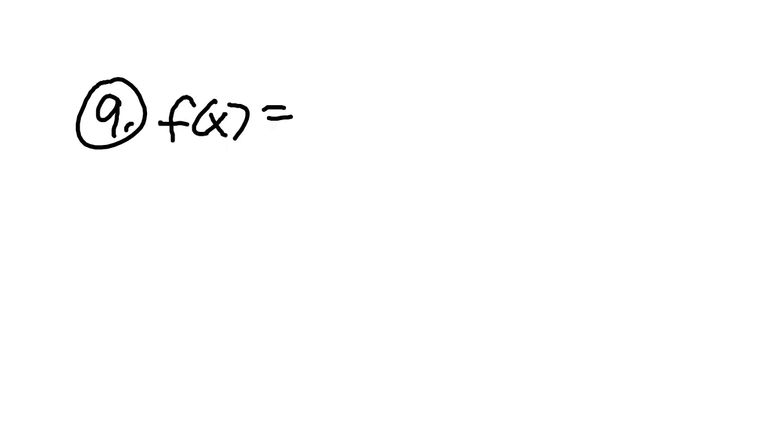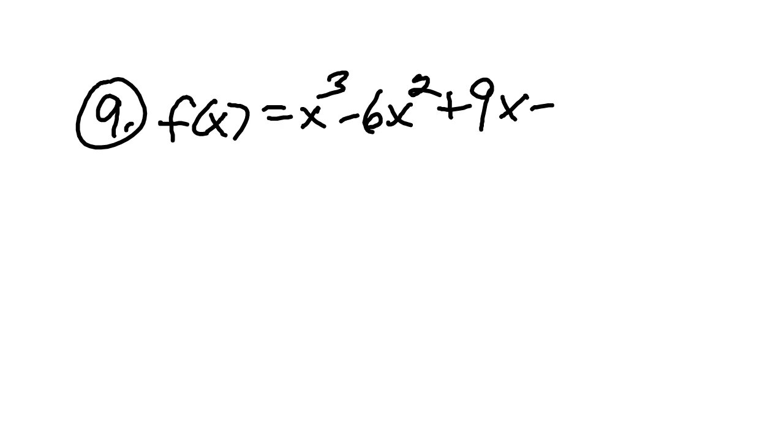Don't think so. So let me just, and I'm not going to do this whole problem, but on number 9, I just want to mention this. If you're going to work this out, it's probably going to take a little time. We've got f of x equals x cubed minus 6x squared plus 9x minus 2.